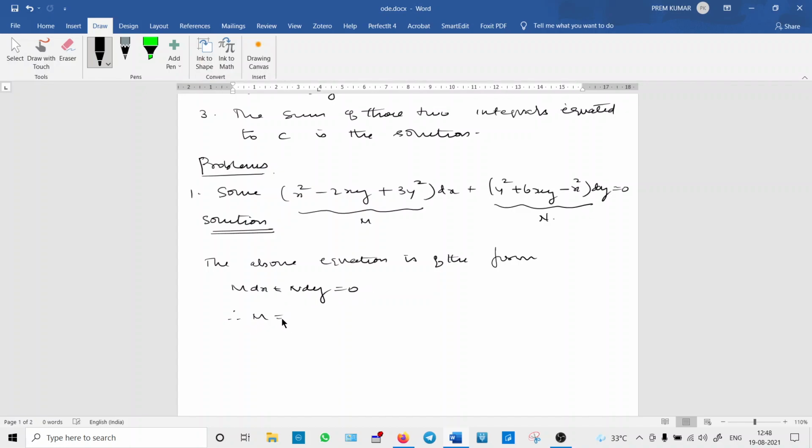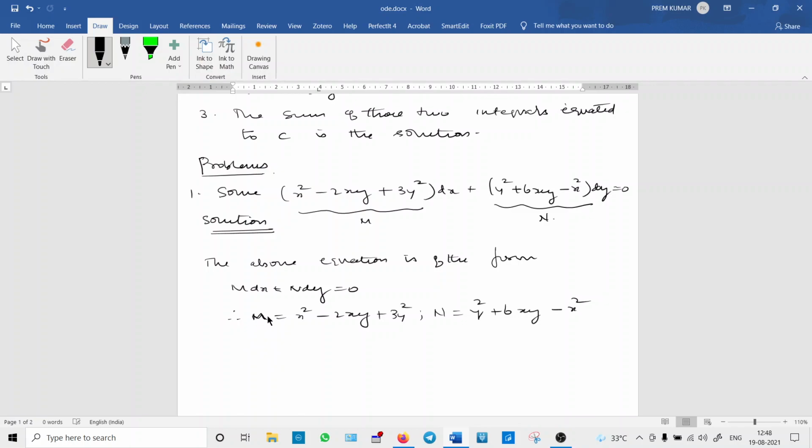Therefore, what is M? x square minus 2xy plus 3y square. And what is N? y square plus 6xy minus x square.